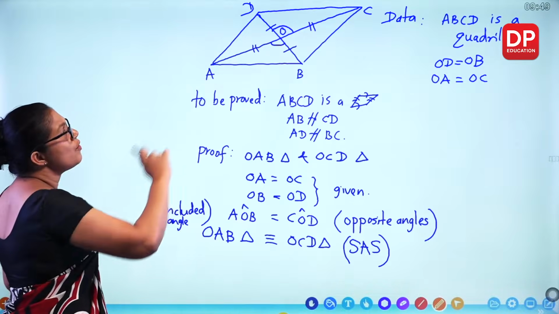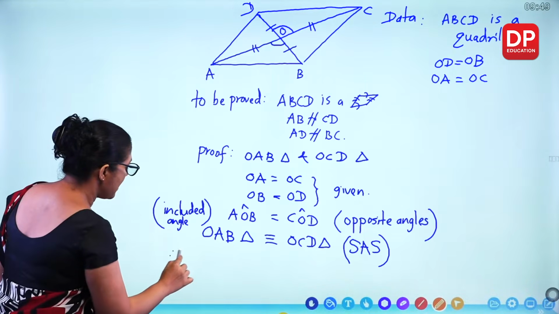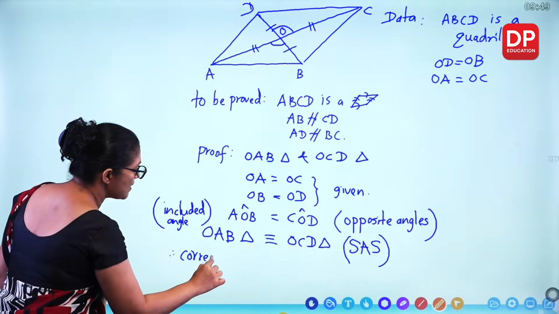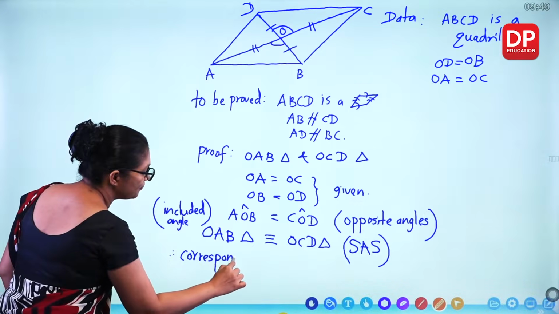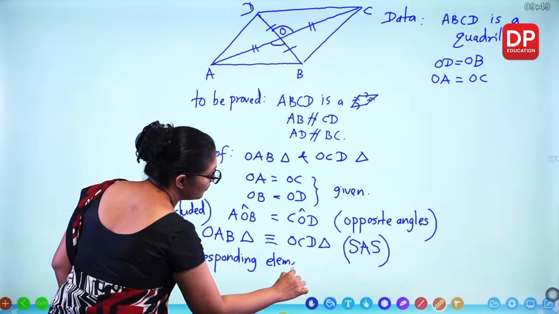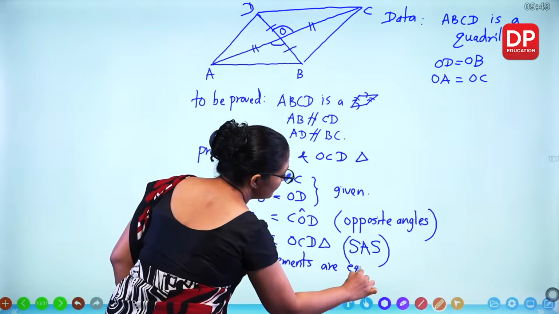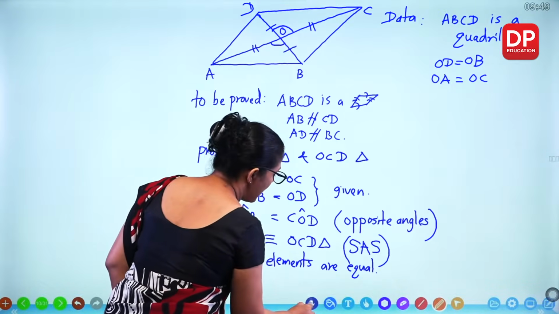Now, we found that these two are congruent. We can say corresponding elements are equal. So, what are the corresponding elements?